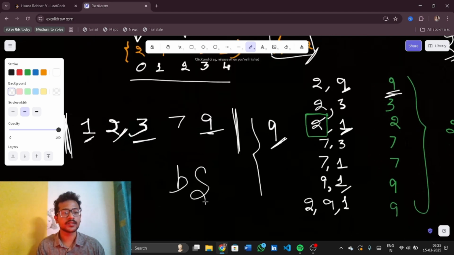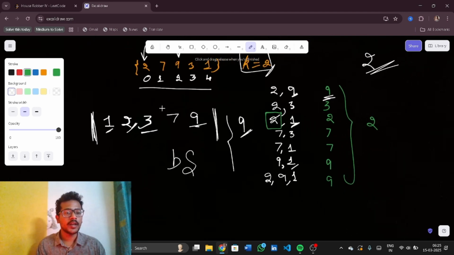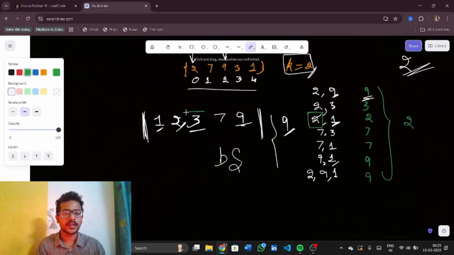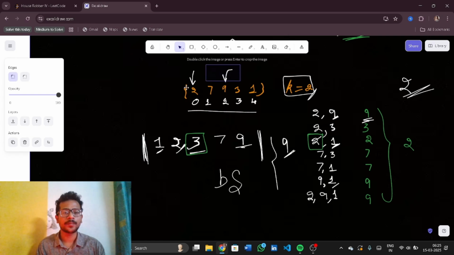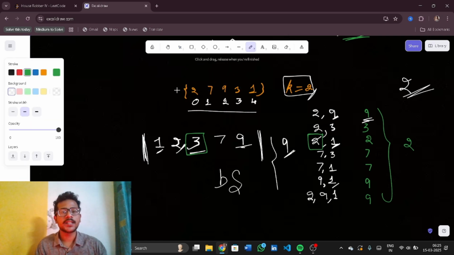there is a condition. Imagine I got to this 3. How can I check whether I can take this element or not? First thing I'll take this first element. Why am I taking the first element? Because 2 is lesser than 3.